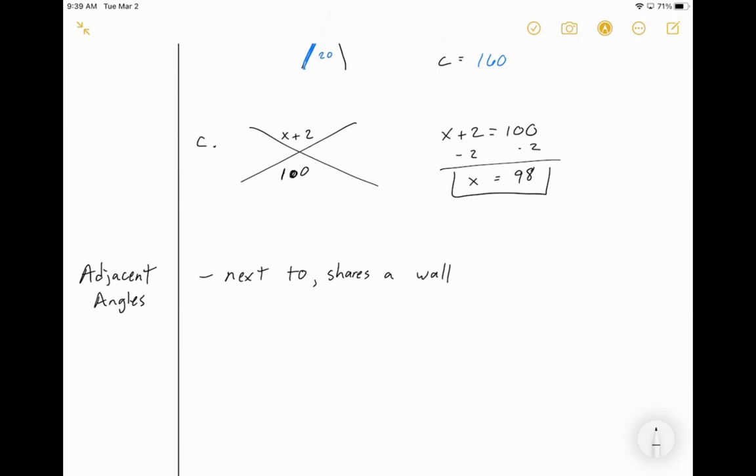Angles that are next to each other and they share a wall. So you can think of it as like the room that you're in right now is adjacent to maybe your parents' room or your siblings' room or the living room or a bathroom. Whatever's on the other side of the wall is what your room is adjacent to. Okay. Adjacent means next to.